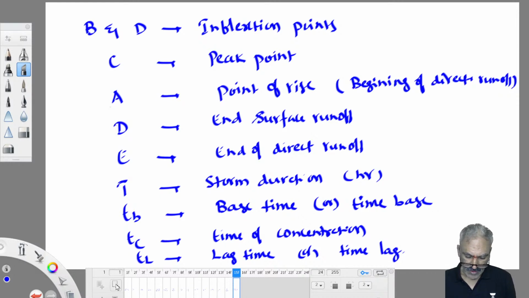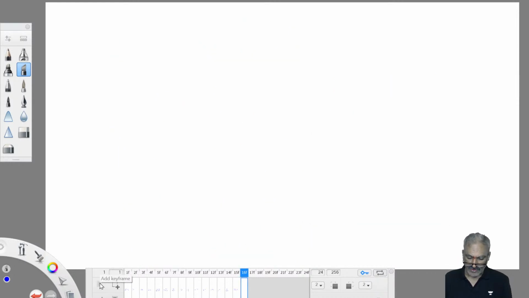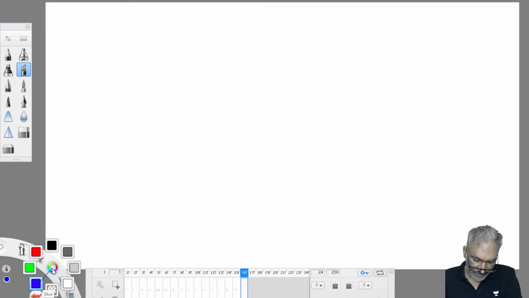Next, the very important component of this is, actually we appreciate only the fast delivered runoff. We can't wait so long in collecting the water from a catchment. We appreciate only that part of runoff which is fast delivered into the river. So direct runoff.